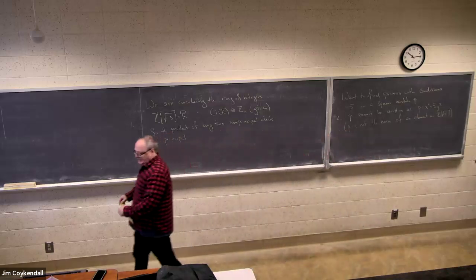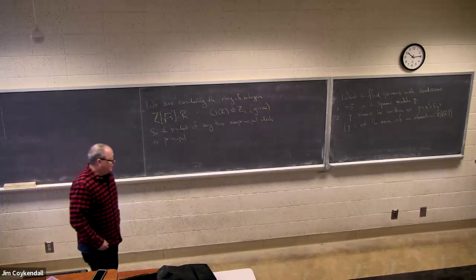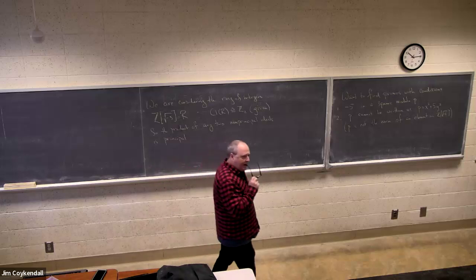Anybody? So I want minus 5 to be a square modulo P.